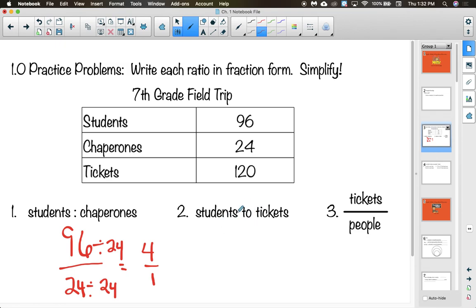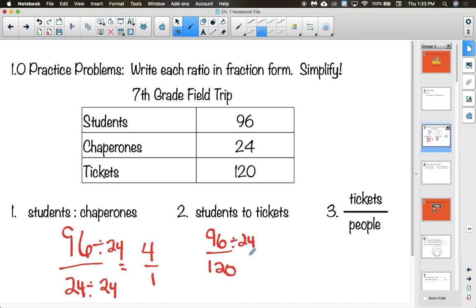Next is the to form, where we write the word to between the two quantities that we're comparing. Again, it's read exactly how I just read it. Students to tickets. So students go on top again, 96. And tickets is 120. So the ratio of students to tickets is 96 to 120. Again, I can divide by 24.